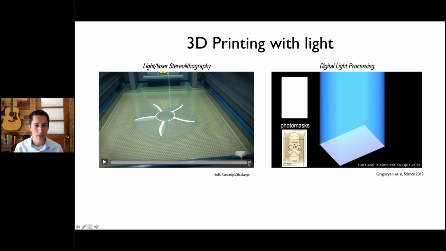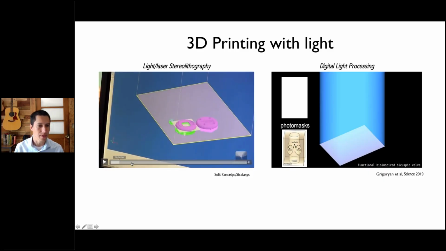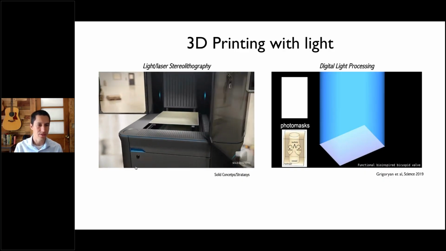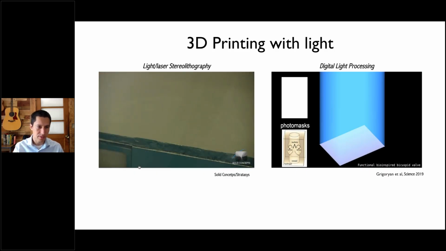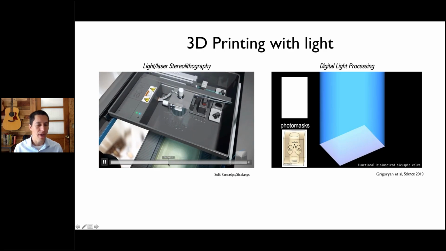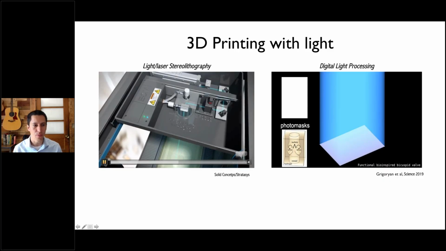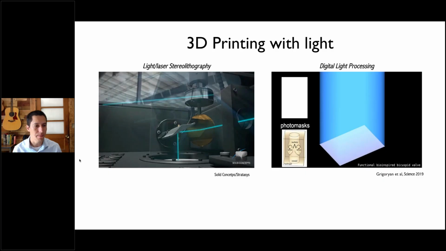You start with a CAD file, and the laser stereolithography will raster the surface of this photopolymer, and in the process of exposing these monomers to light, you can photocross-link these individual parts, and as you do that layer by layer, you give rise to a 3-dimensional construct, right?